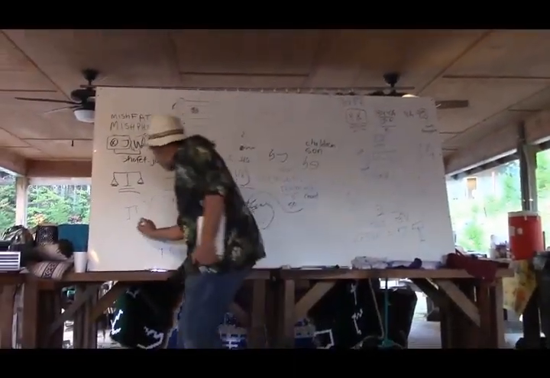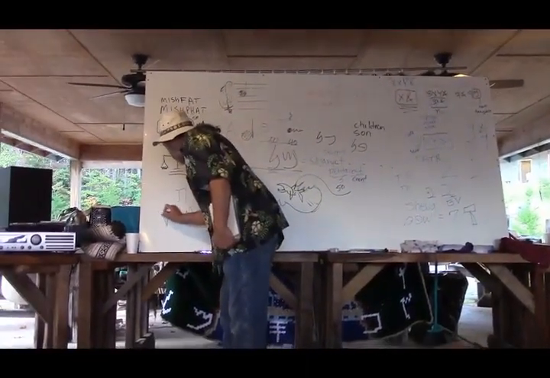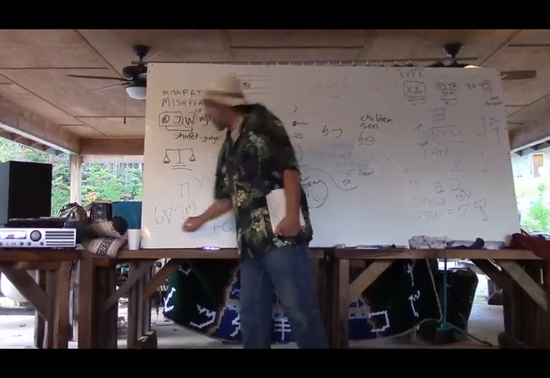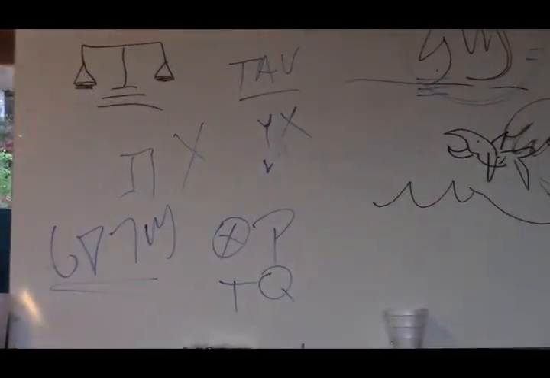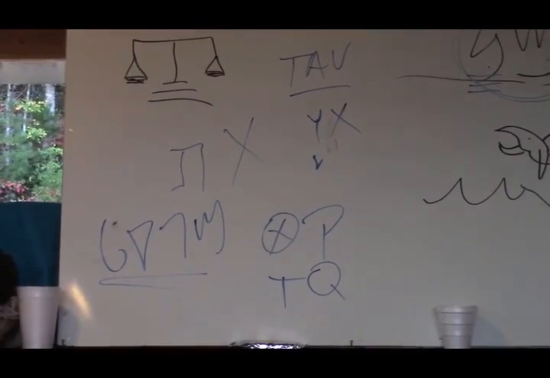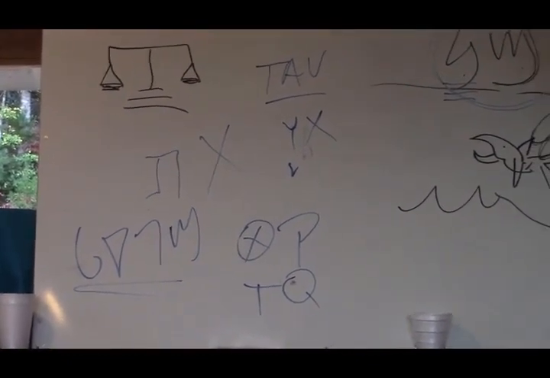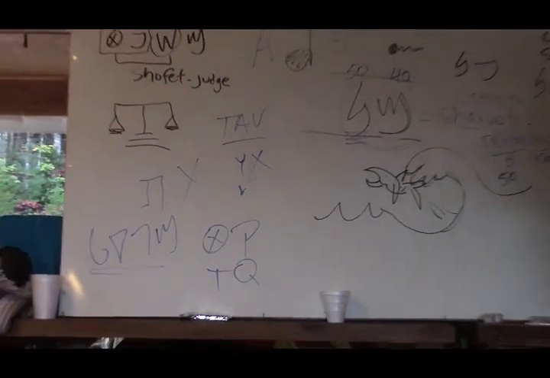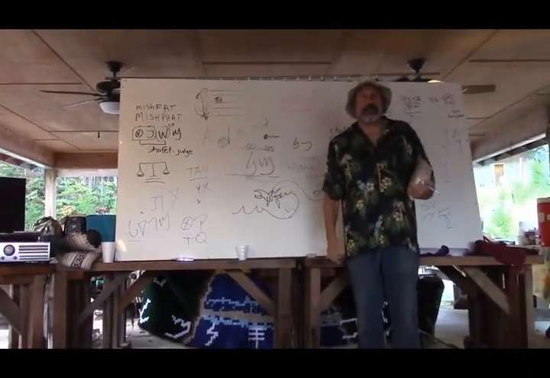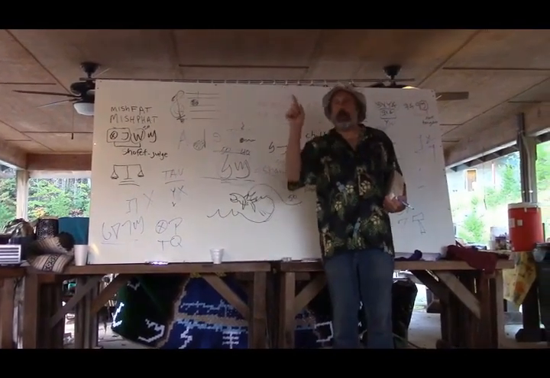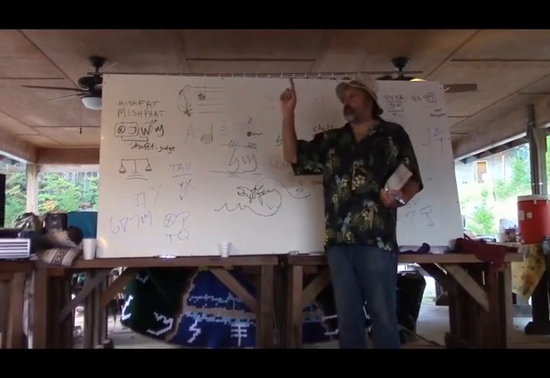The word migdal, mem, gimel, dalet, lamed, that's the word for tower, like the Migdal David, or the Tower of David, is this citadel, this bastion that you have on the wall of the castle, which is the strongest place in the wall. Is he saying, oh, those are the rabbis? Those are the professors.